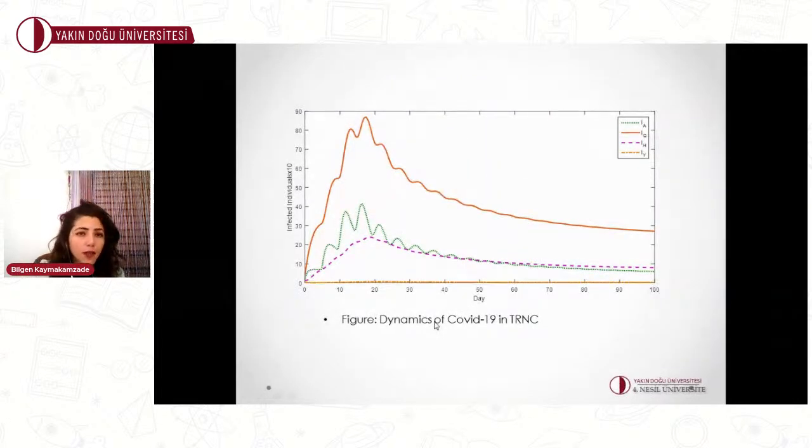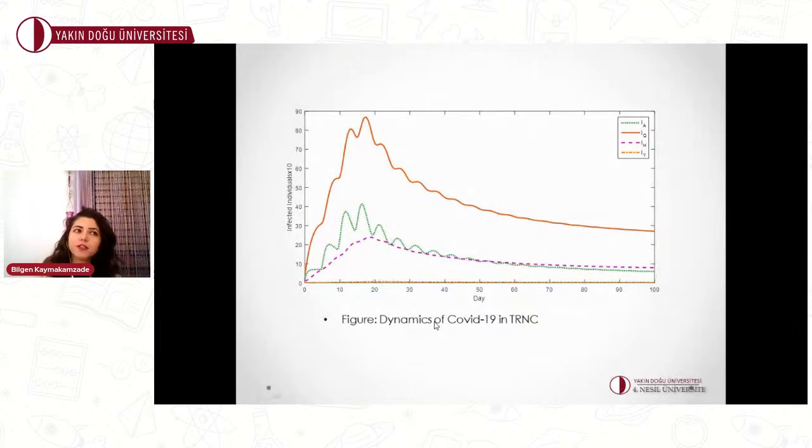And from here, I just want to tell you one more thing. We are expecting that if we don't change any condition, so we still have quarantine and we obey the rules, which I mean using masks or something like that, the infected individuals will be around 400.